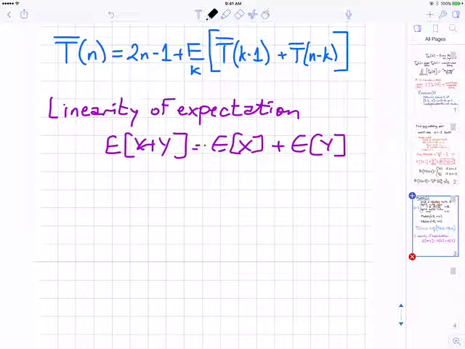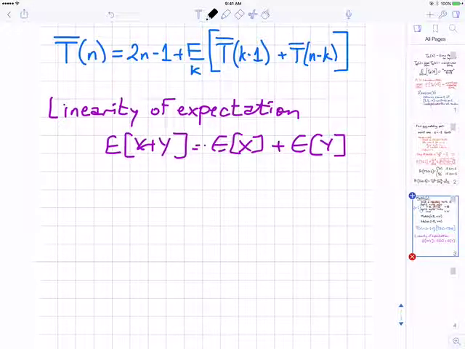It won't be exactly balanced, but even if I manage to split into, say, n over 3 and 2n over 3, or n over 10 and 9n over 10, in the analysis of the resulting recurrence, I'm going to get a tree that has n work at every level, and the depth is going to be some constant times log n. So I like pivots that are in the middle.